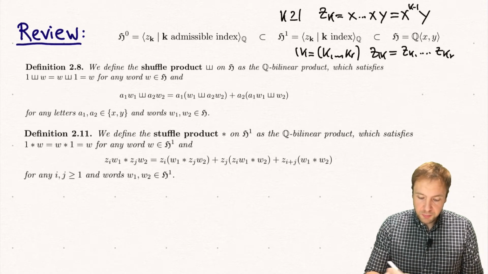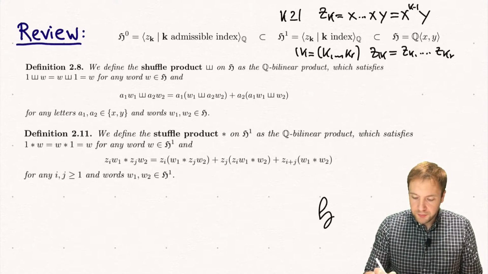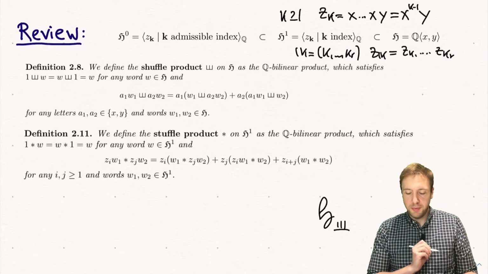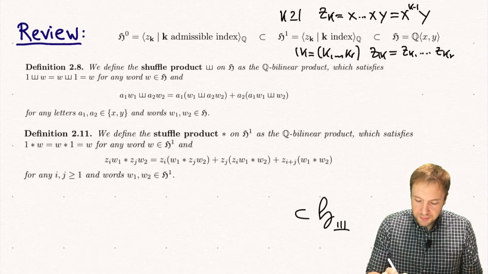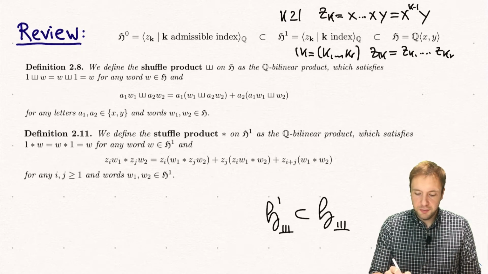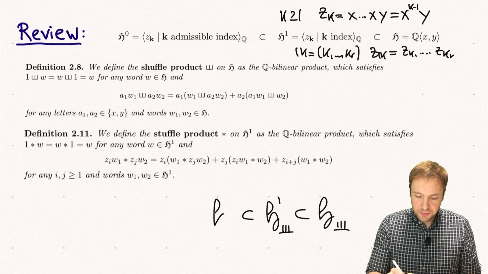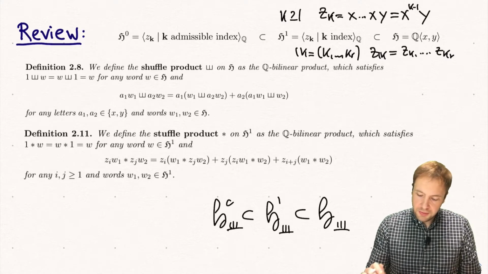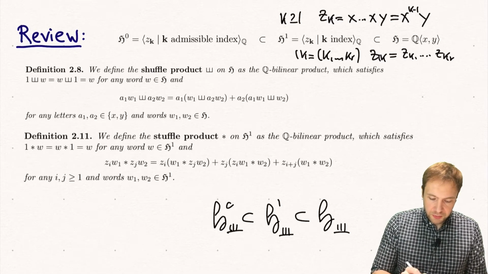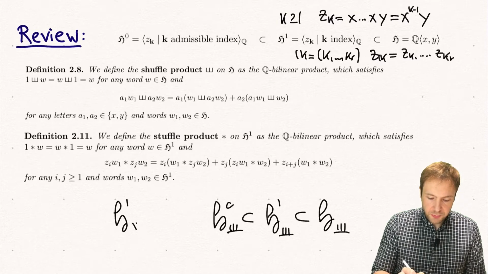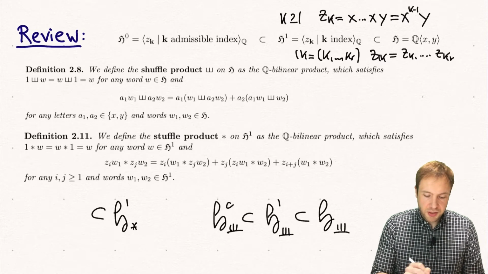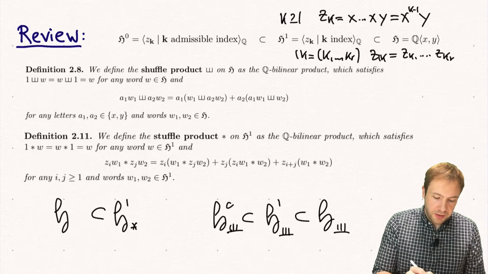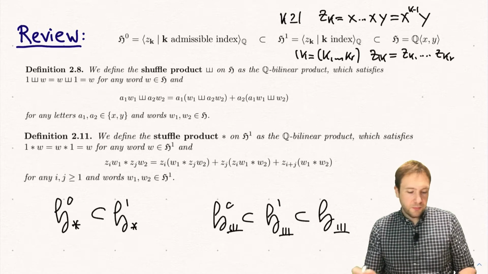So for the shuffle product we got what we denoted by H shuffle, and this subspace H1 is also closed under the shuffle product, so we had a subalgebra here, and also this H0 was closed under this. And also for the stuffle, so this H1 was an algebra with respect to the stuffle product, and the H0 was a subalgebra.